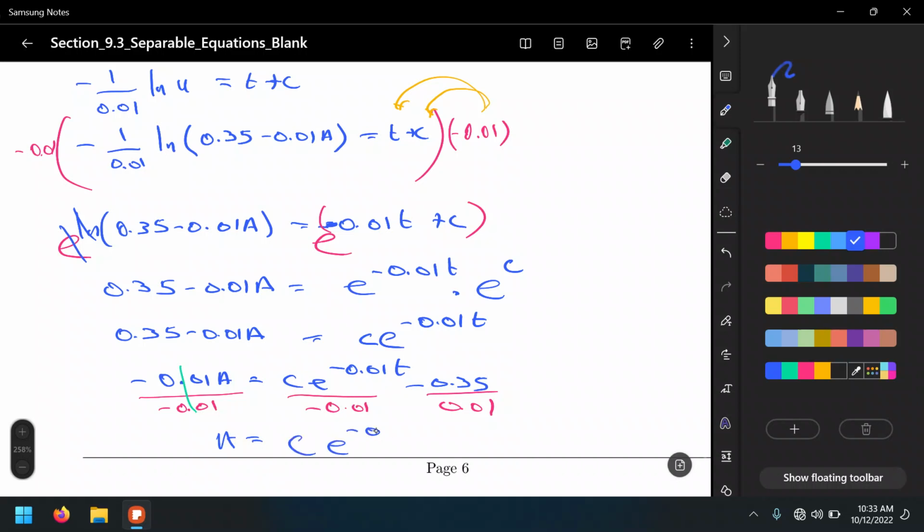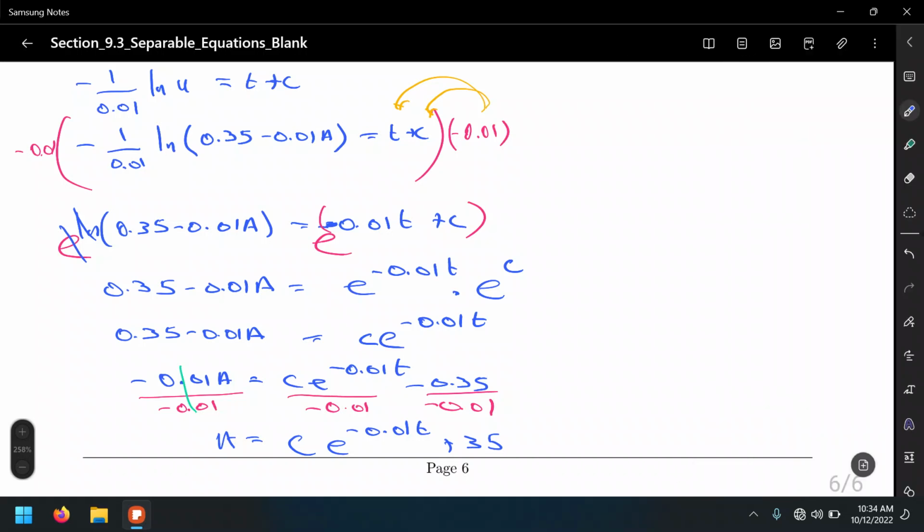So C e to the negative 0.01t. And negative 0.35 divided by negative 0.01, that should be a positive 35. So that's our general solution to the differential equation.